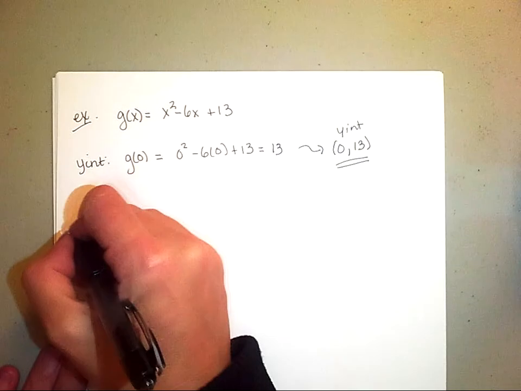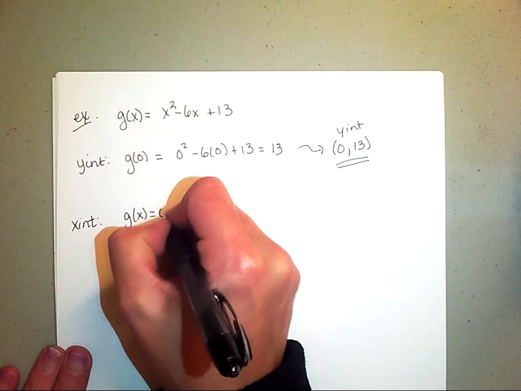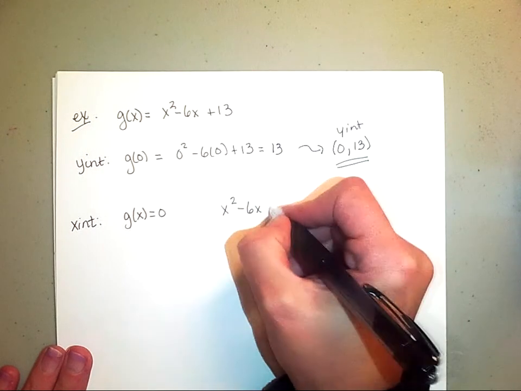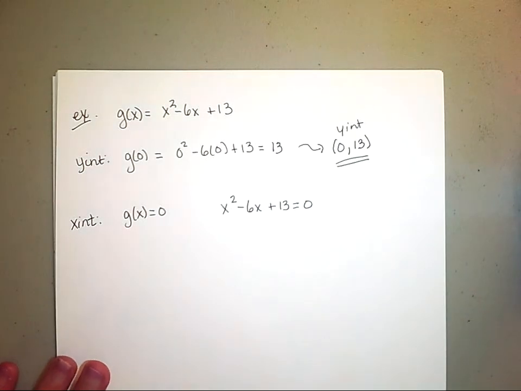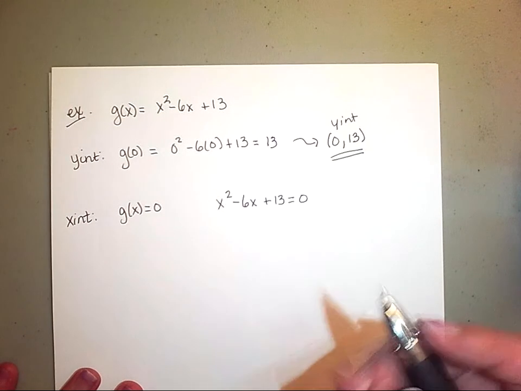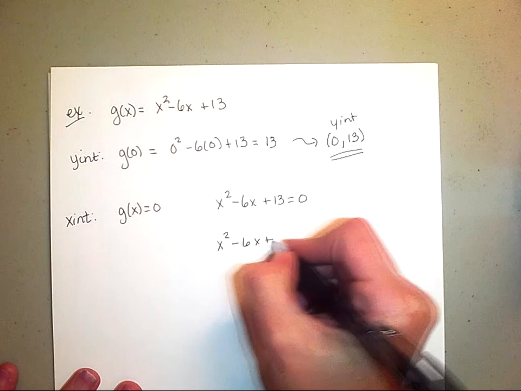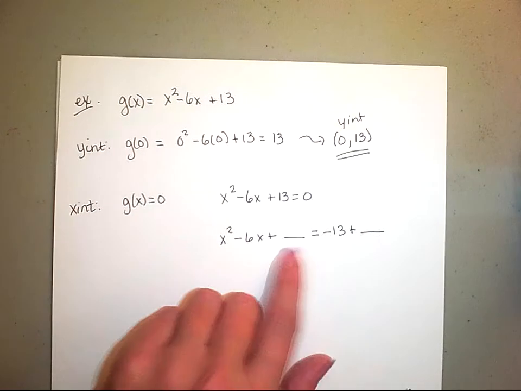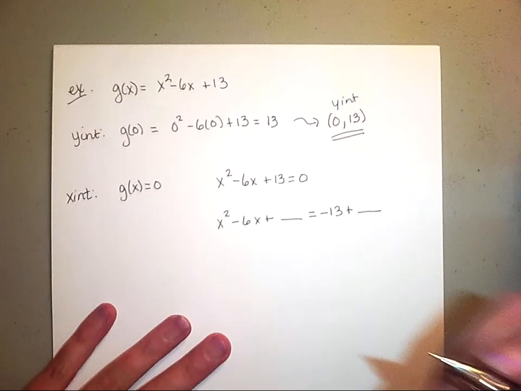Now for the x-intercept, we're going to let g of x equal 0. So that means we have to solve x squared minus 6x plus 13 equals 0. Let's complete the square now, because we can. In this case I have an equation, so I can actually move that 13 to the other side and then just add to maintain equality, versus when I don't have an equation, I have to subtract it off.